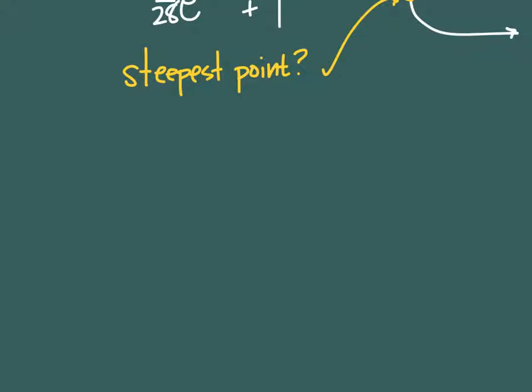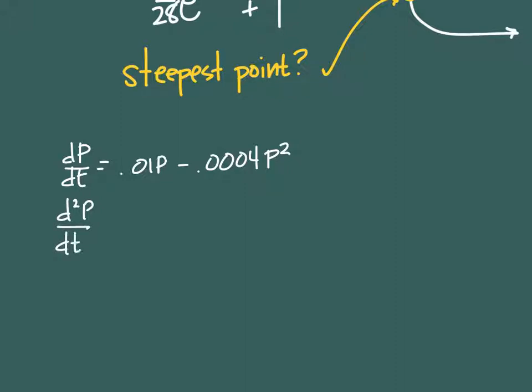The first derivative, dP/dt, was 0.01P minus 0.0004P squared. So d2P/dt2, the second derivative, would be 0.01 minus 0.0008P. And I just have to set that equal to 0.